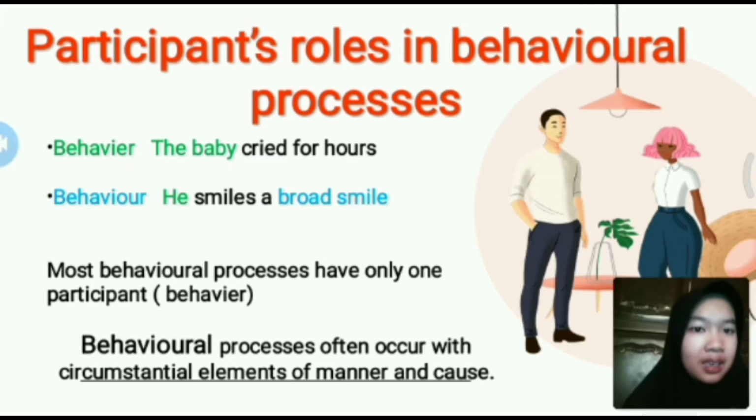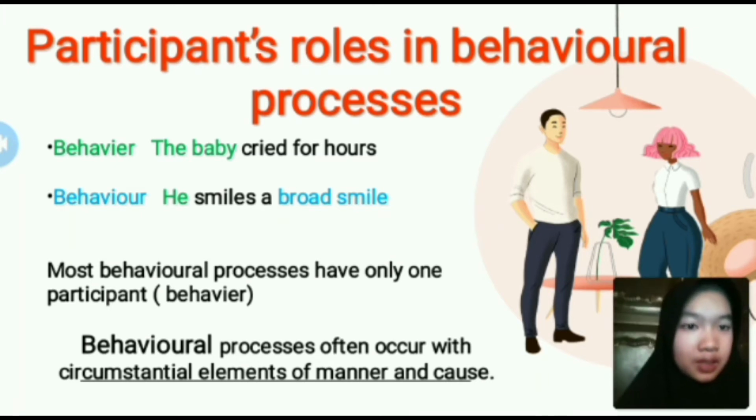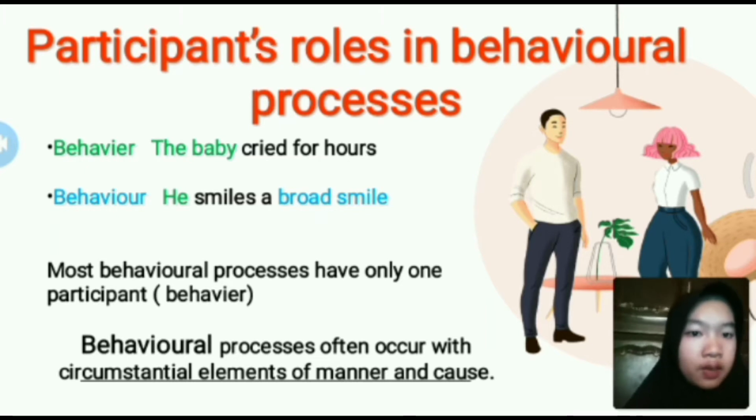The baby cried for hours: the baby is the behaver. He smiled a broad smile: he is the behaver, a broad smile is the behavior. Most behavioral processes have only one participant, the behaver. Behavioral processes often occur with circumstantial elements of manner and cause.